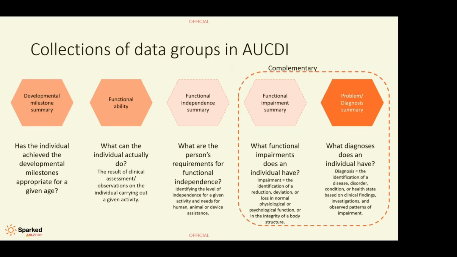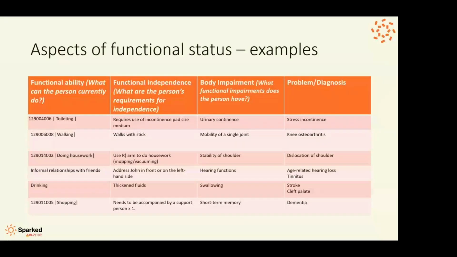I'm going to quickly race through because I've just heard the alarm. But these form a suite of other complementary data groups. So you can see on the left, developmental milestone has also been part of our latest release for AEHRC R3. And the problem diagnosis summary, which is in the orange, is part of the AEHRC R2, which was released last June.